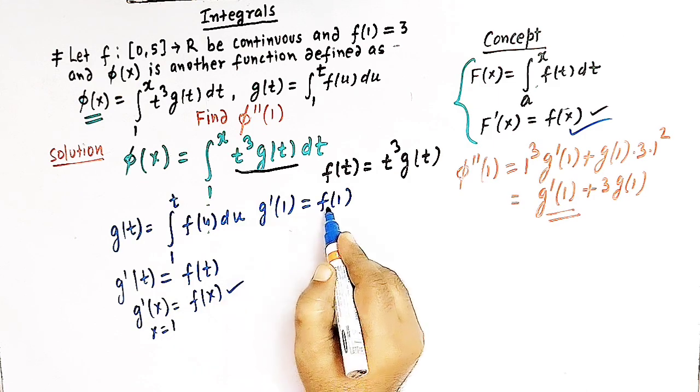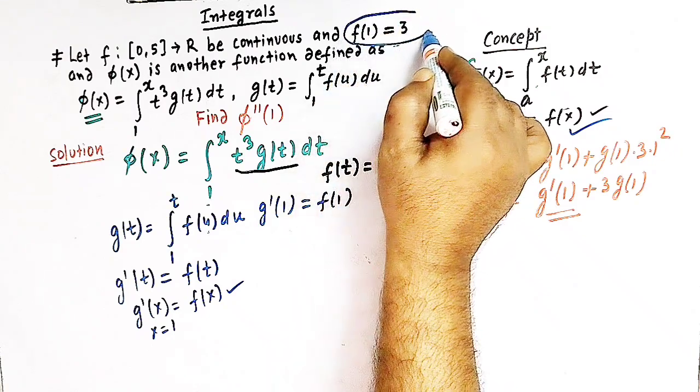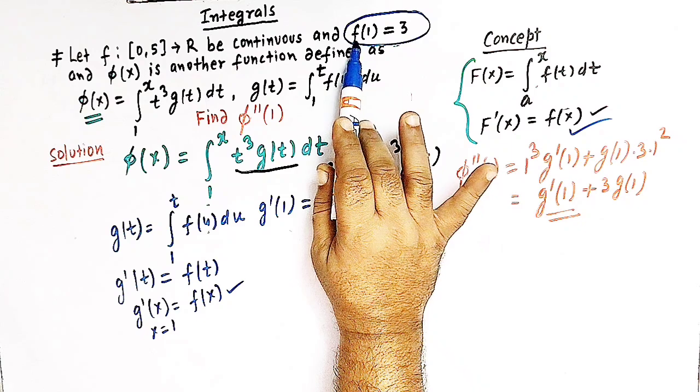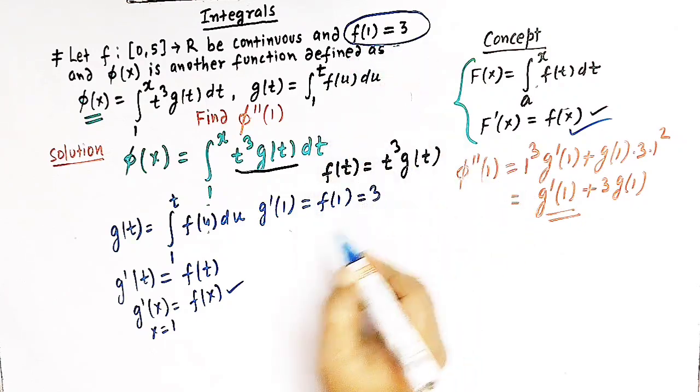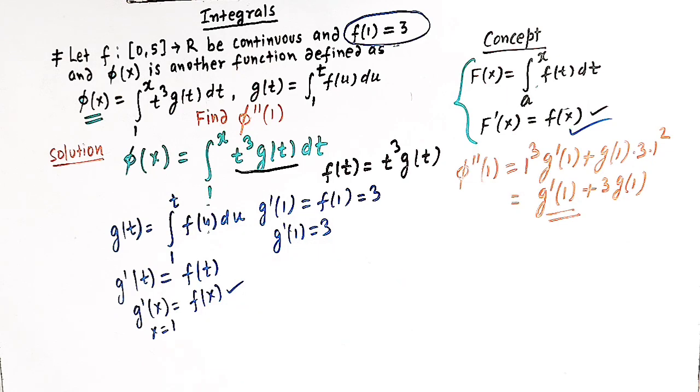From here we can see that in the given problem we are given the value of f of 1 as 3. So g prime of 1 is equal to 3.